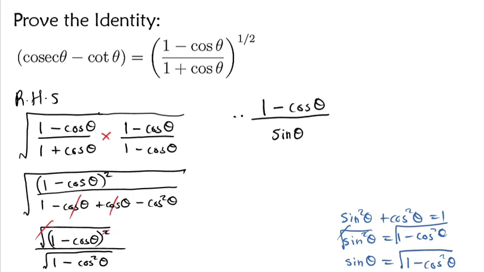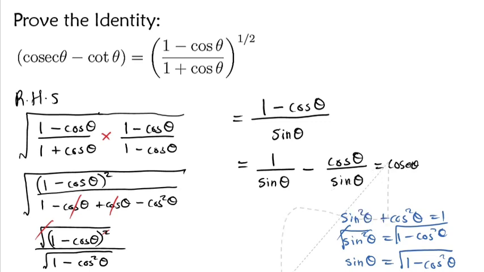So if I do that, then I can split the denominator. I can say 1 over sine minus cos over sine, like that. Then 1 over sine is a cosec.